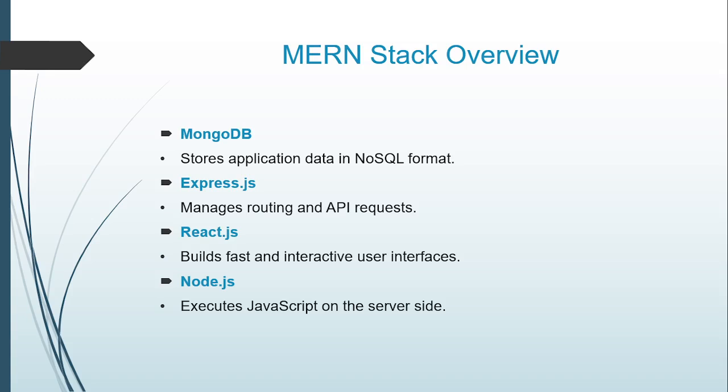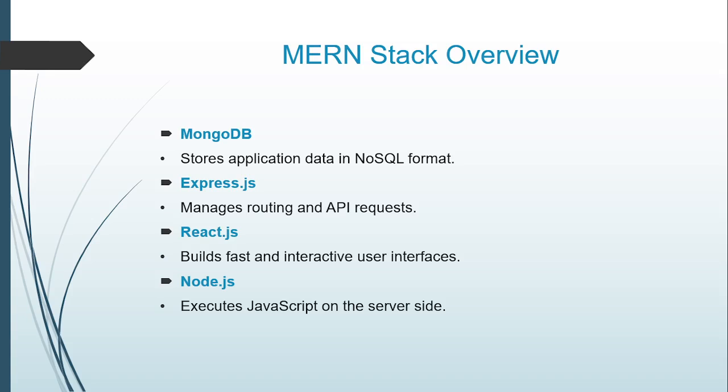Now, I will briefly explain the MERN Stack. So, first one is MongoDB. MongoDB is a NoSQL database that stores application data in JSON-like documents. Express.js is a backend framework that simplifies routing and API development.